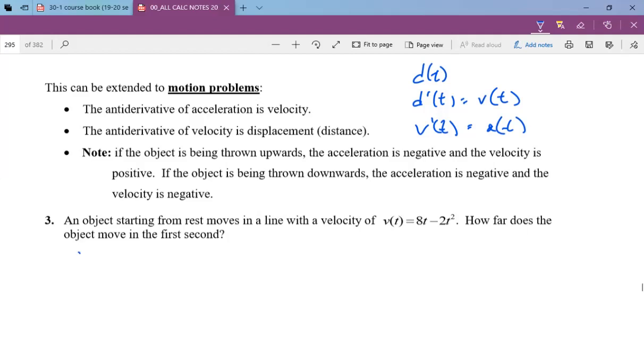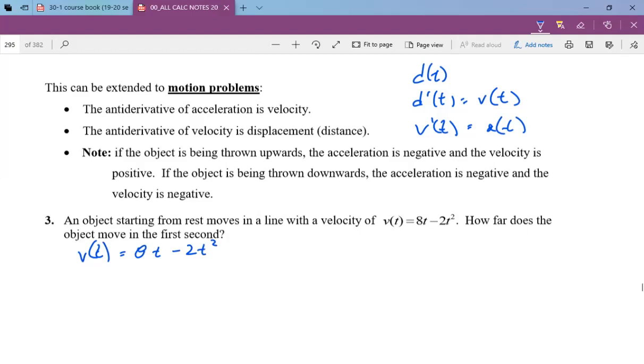So if we have v of t is equal to 8t minus 2t squared, if that's what's given to us, then we integrate that to find your displacement.